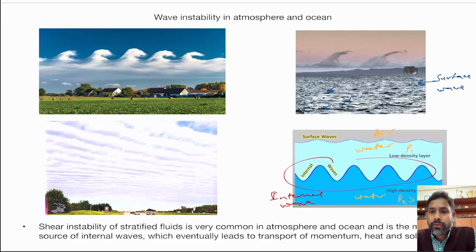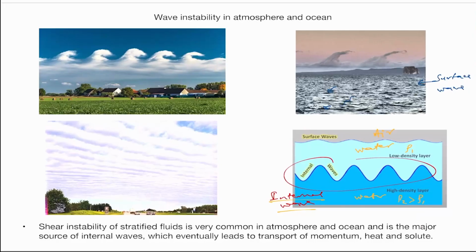So now there is a wave within water, within the same fluid. Why? Because there is a density difference, and now both these layers might have different velocity. So within the same fluid also there is a chance of a wave getting created, and these sort of waves are called internal waves when this happens within the fluid layer. And these internal waves are also very unstable because of this shear flow. Okay, so that is in the case of the ocean, which is very common.